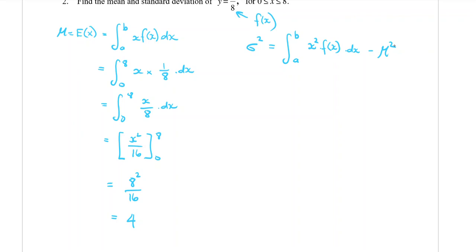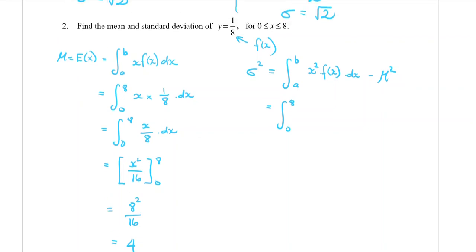Okay, you could do the other one if you wanted to though. We're going to sub in. We are integrating between 0 and 8 of x squared times 1 over 8. I'm just going to put the 8 straight on the bottom. Dx minus mu squared, which is 4, so 4 squared.